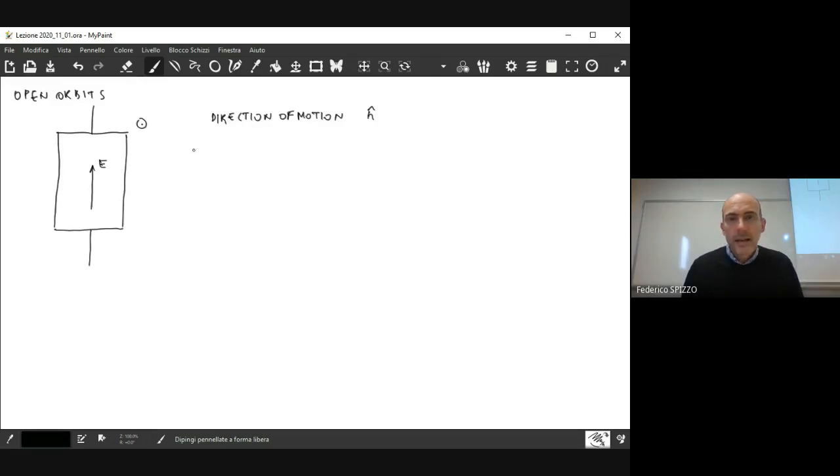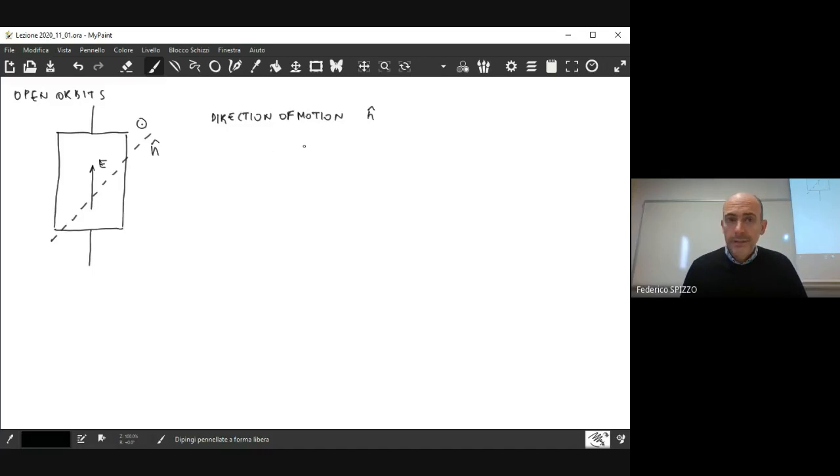And in general, n is not said to be parallel to E. It may happen that the applied electric field is parallel to n, but that is not a general assumption. So I suppose that n is an arbitrary direction not parallel to E.